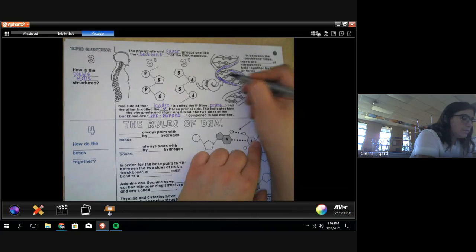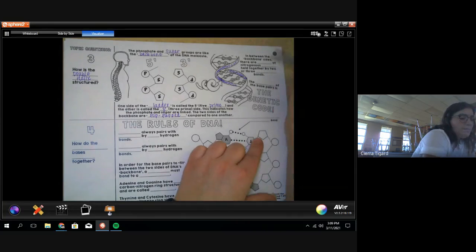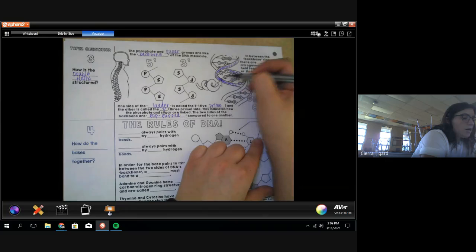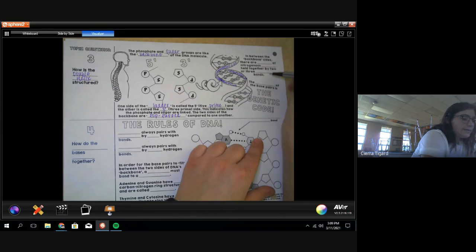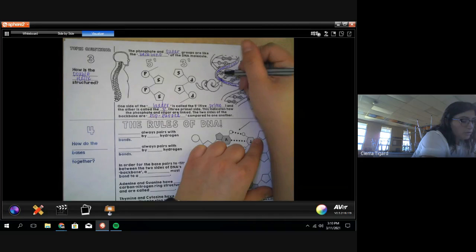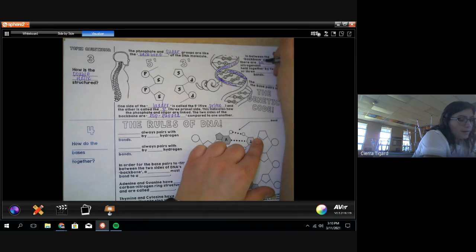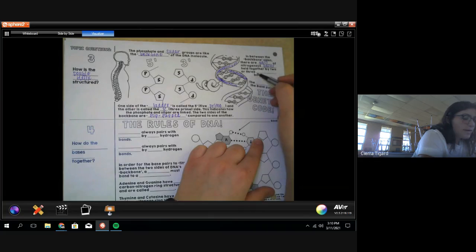Okay. So then we've talked about the outside. Now we are going to talk about this inside part right here, which we see. We have a G and a C, a G and a C, a T and an A and a T. So in between the backbone sides, we are going to talk about the rungs of the ladder. And there are pairs, because you can see that there are 2 in each rung. There are pairs of nitrogenous bases, held together by 2 or 3.